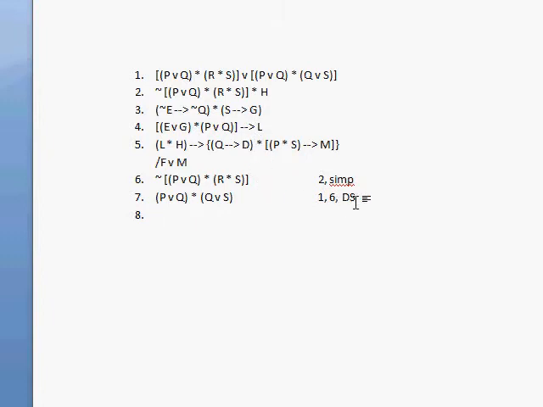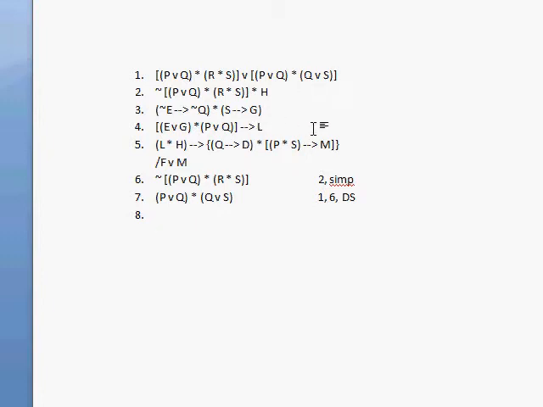So let's take a look at premise 3. Is there any way that I can get E or G through premise 3? Well, I have Q or S, and if the Q was on the left side, I could do a constructive dilemma. So that gives me an idea of what I need to do.